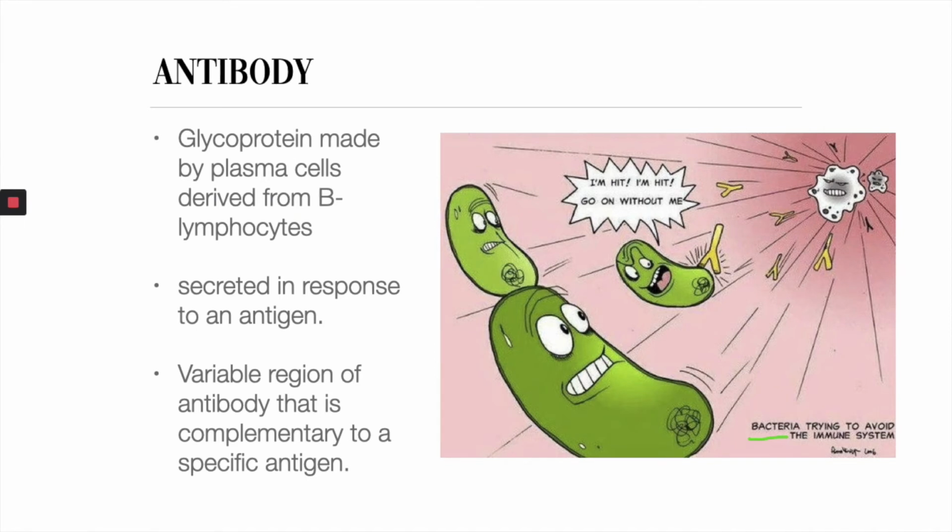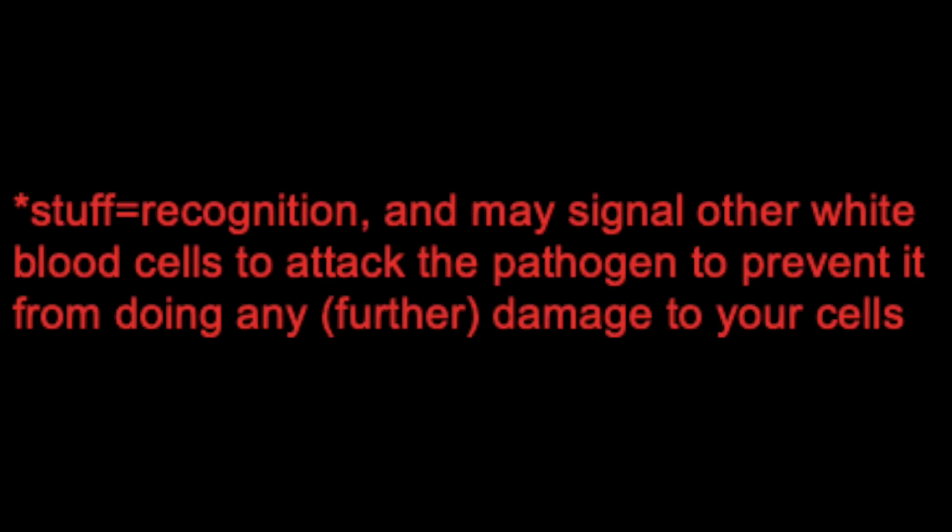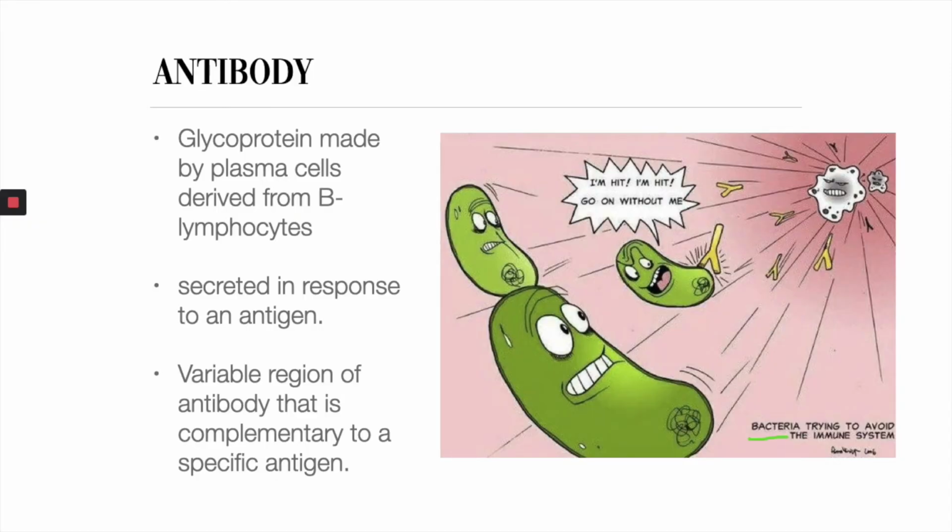And that is why this white blood cell in here, which is a plasma cell, released this antibody, and this antibody will now be sticking to the cell membrane of your bacteria, which will then later on be recognized by other white blood cells as an invader, and they will do stuff. We will discuss more about it later on.